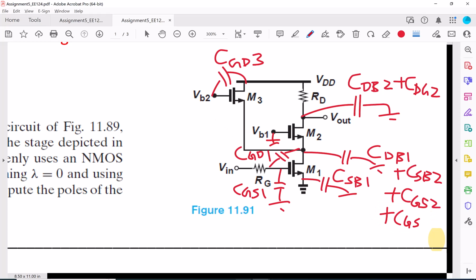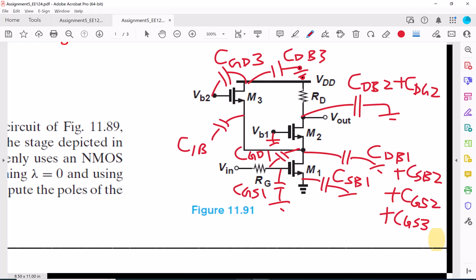Okay. So I am still missing 2 more. One is CDB3, and then CSB3.